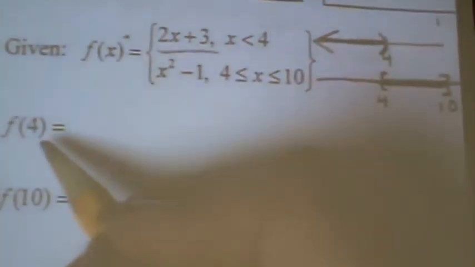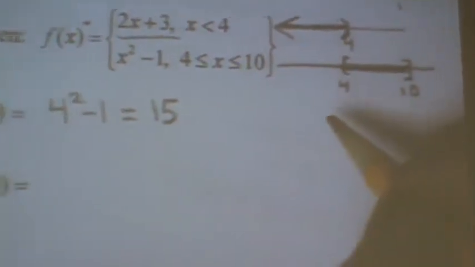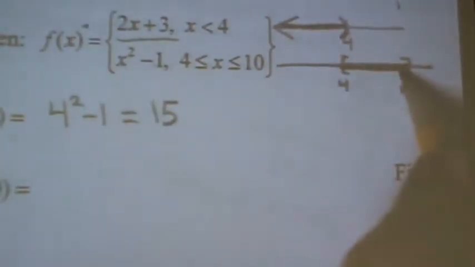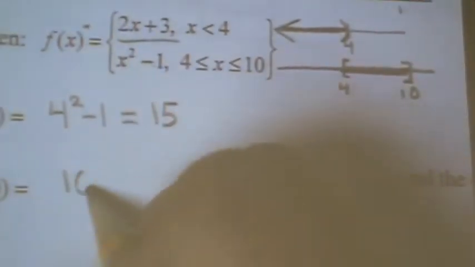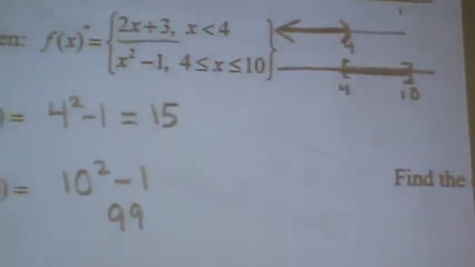If I said evaluate f of 4, you're going to put 4 into this one. So 4 squared minus 1. What's 4 squared minus 1? 15. What about f of 10? Where are you going to put 10, up here or here? The bottom one. 10 squared minus 1 is 99.